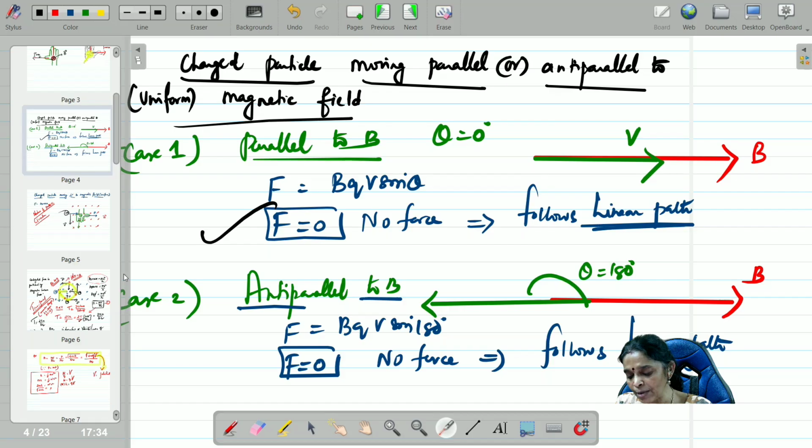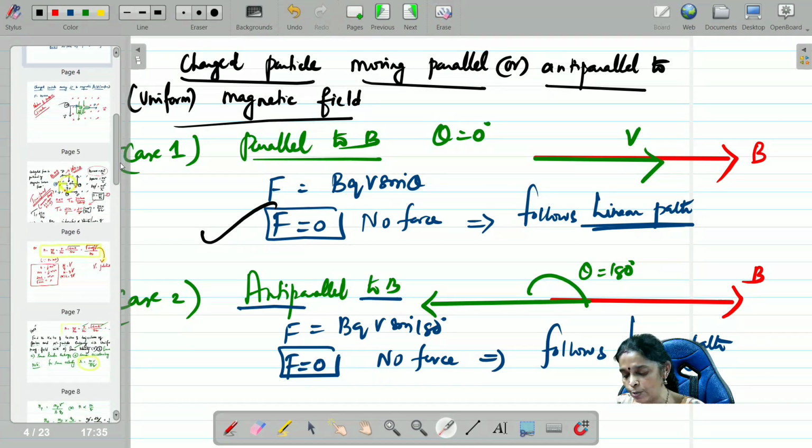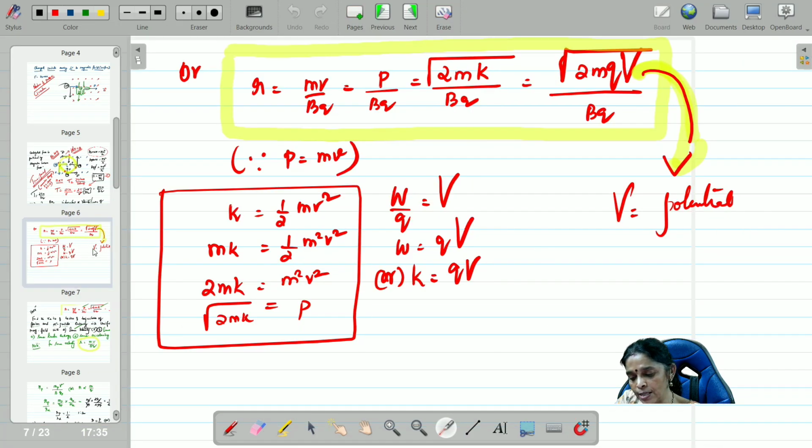But when the charged particle is moving perpendicular to the magnetic field, it experiences a centripetal force. Therefore, it follows a circular path. Since it is a circular path, the work done on the charged particle moving in a magnetic field is 0. And of course, we have seen the radius of the charged particle's path is directly proportional to the velocity of the charged particle, and three other formulas.